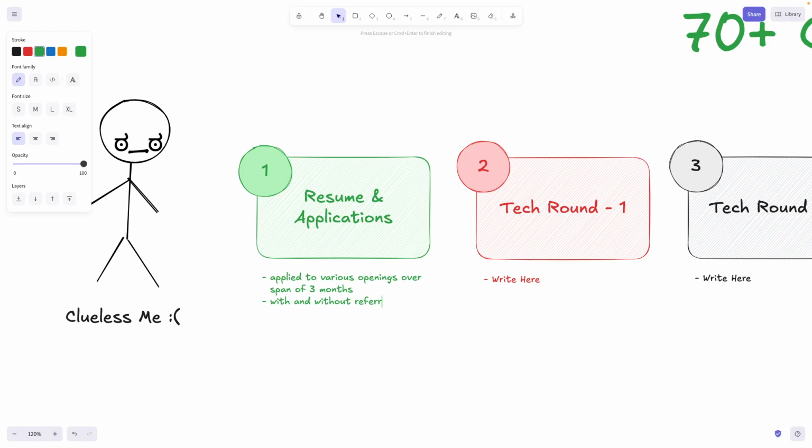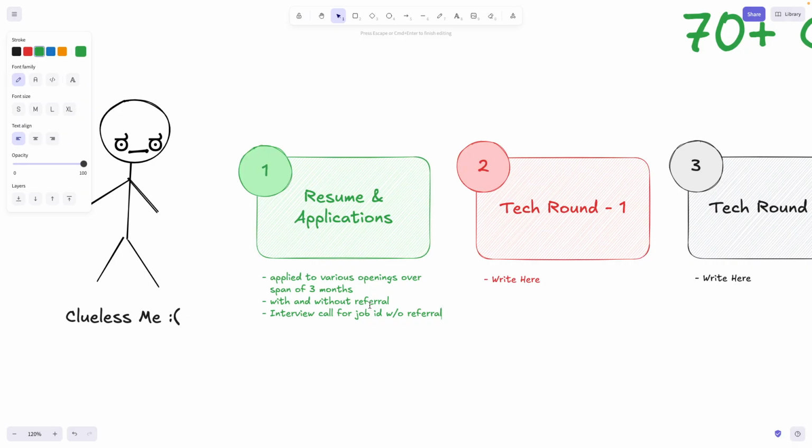I did both. I got referrals from friends. And the interesting thing is that the interview call I got was without a referral. So it works both ways. Referral never guarantees you an interview call. That's something I want to clarify here.